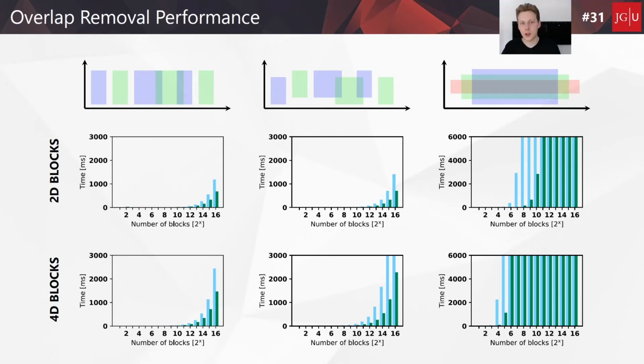Now, if you look at the graphs, you will find some teal lines and some green lines. And the teal lines are the measurement results for a very naive block decomposition algorithm. And the green lines show the optimized algorithm that is built into Northlight.